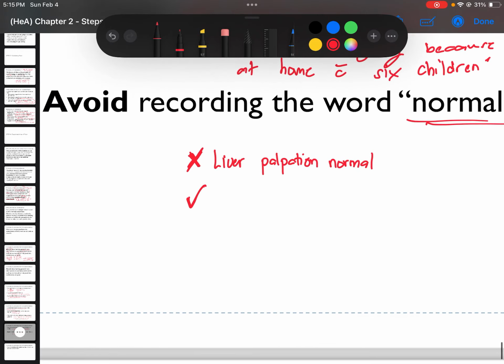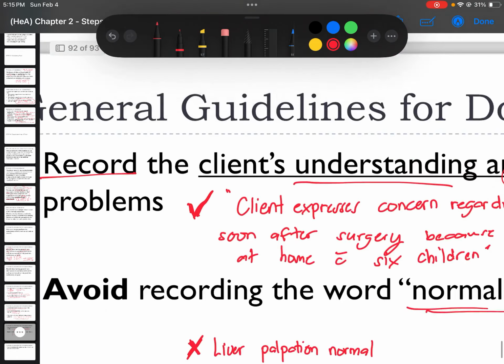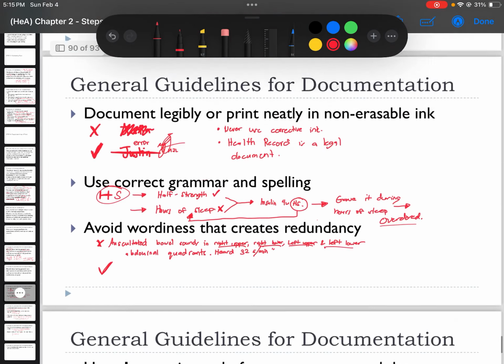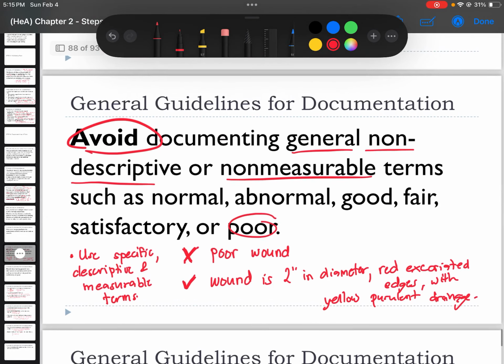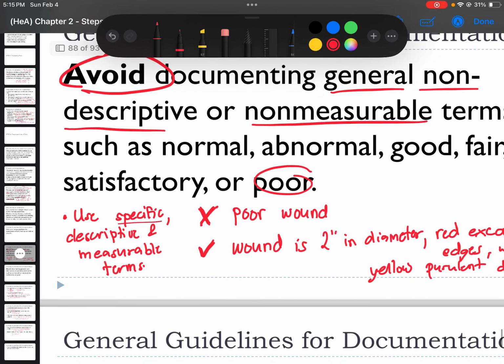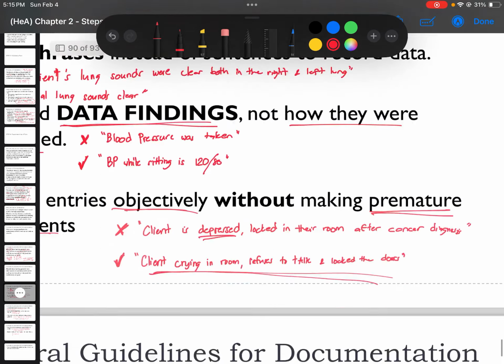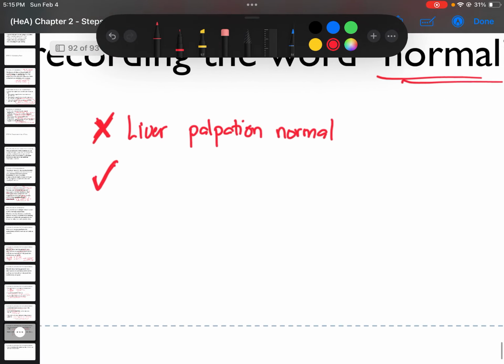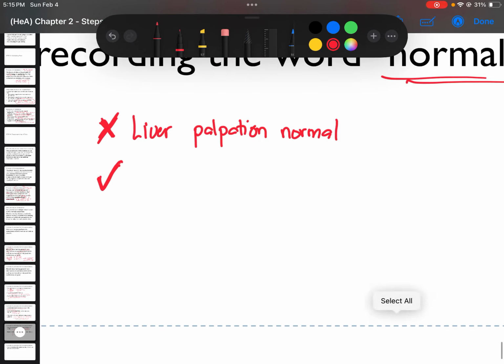Okay? Instead, as I've said, you have to be descriptive. You have to be specific, descriptive, and use measurable terms. Okay? Do not say liver palpation normal.